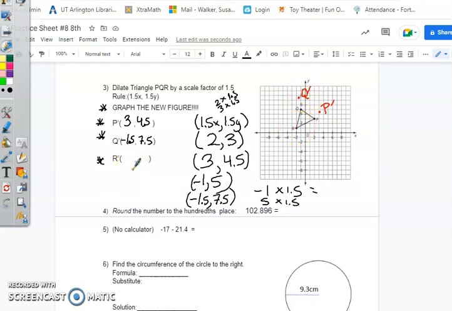Okay, round to the hundredths. We need to make sure we're getting this correct. Okay, this is elementary school work. So hundredths. Here's my decimal, tenths, hundredths. Look to the right, 5 or more raises the score. 5 or more, add 1 more.